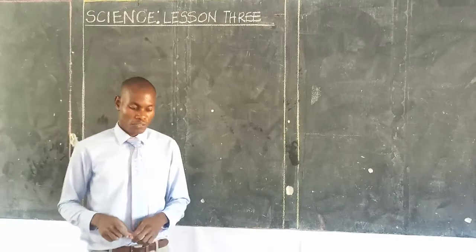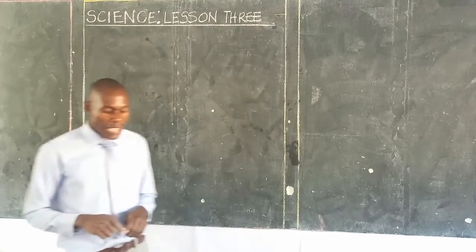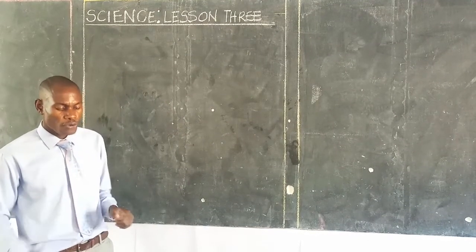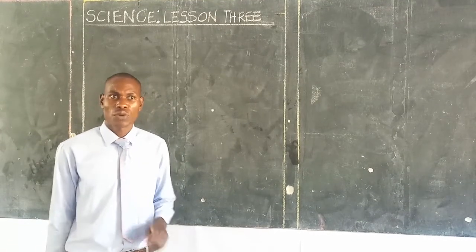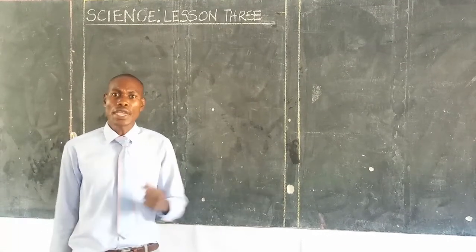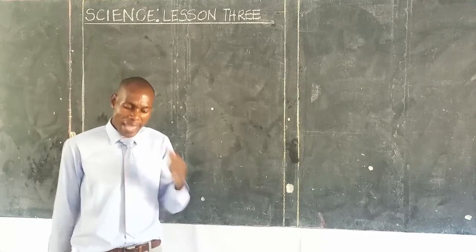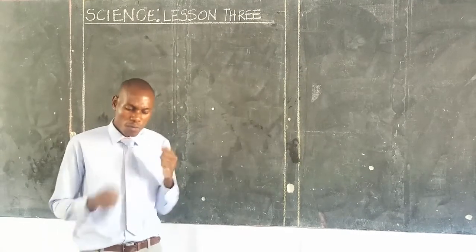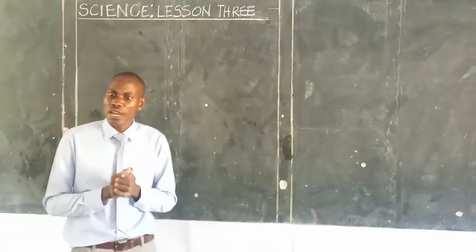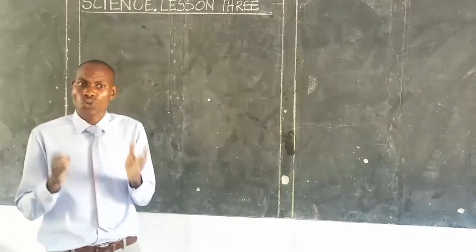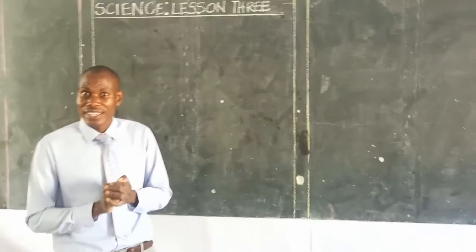Our question number 2 says, why are we unable to see things around corners? Children, we expected you to write. I know most of you have written it.